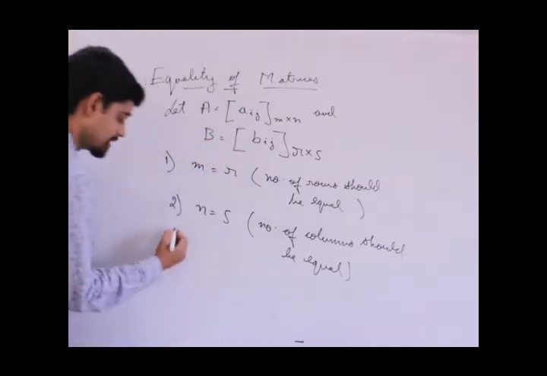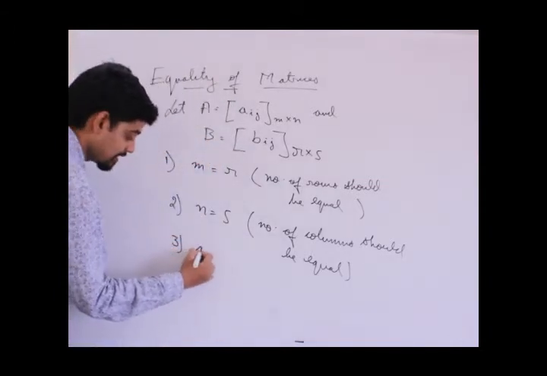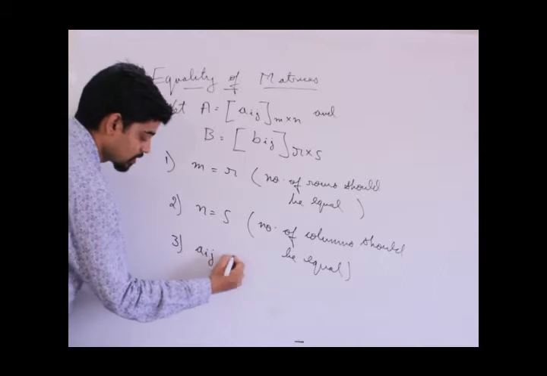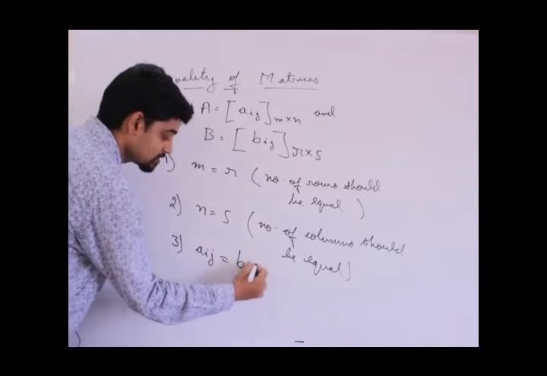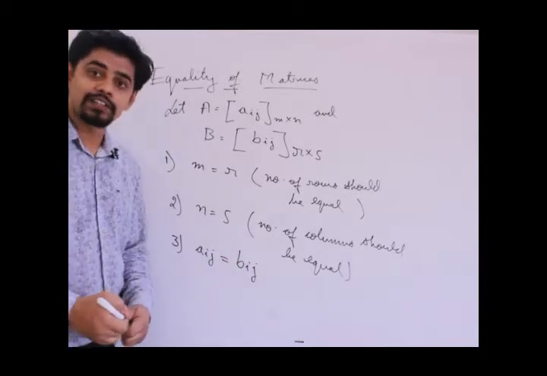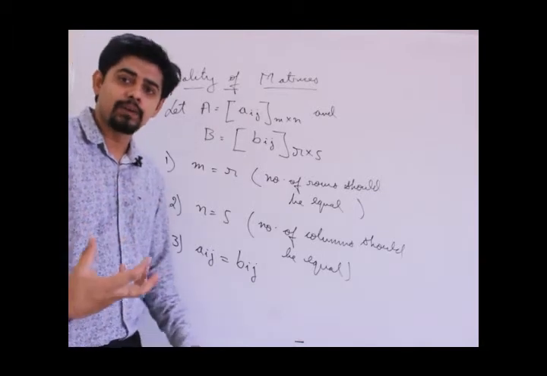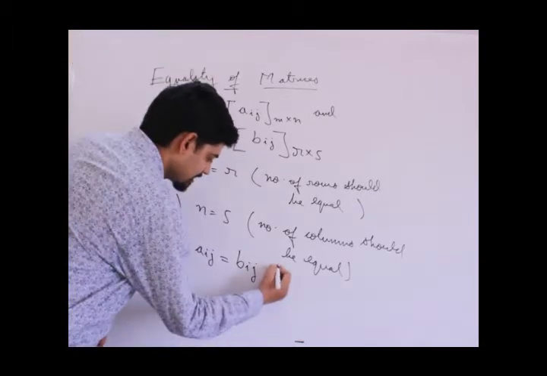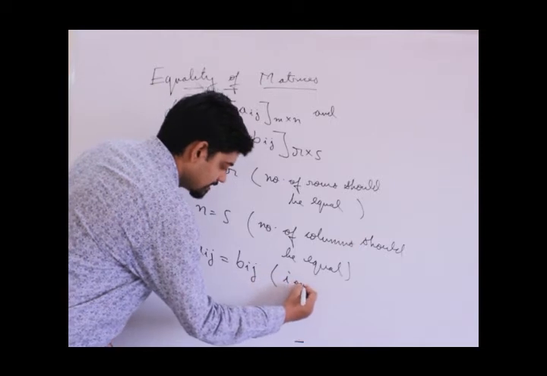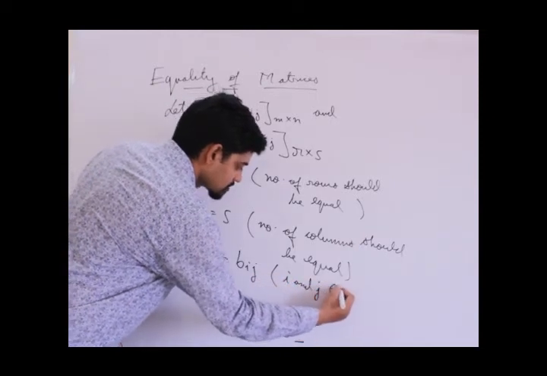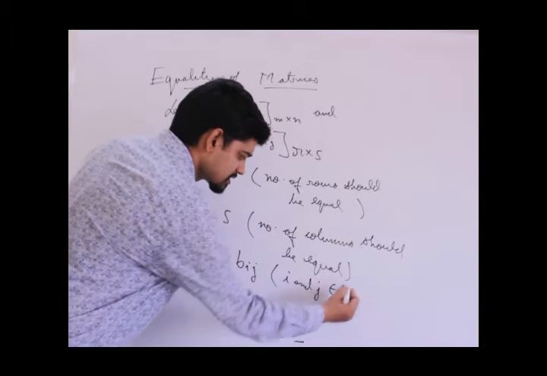So we can write the third condition as Aij is equal to Bij for all values of I and J belonging to natural numbers.